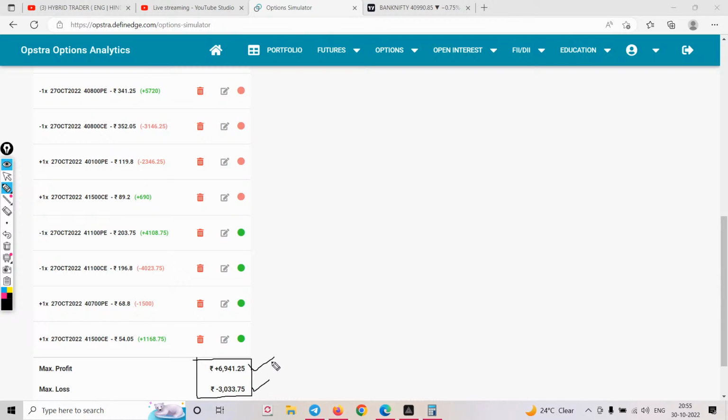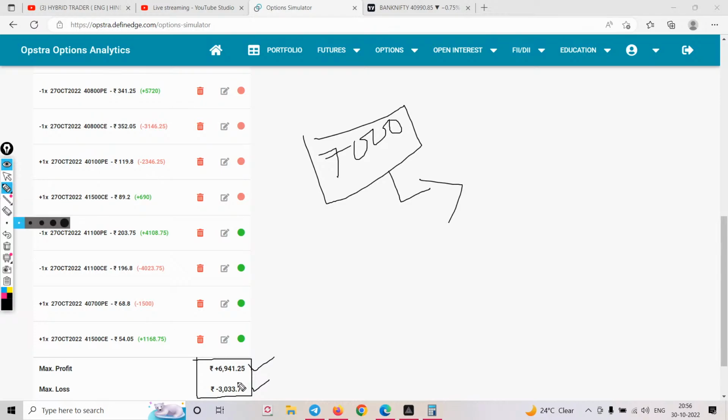When I deployed my original Iron Fly, my loss was somewhere around 7,000, without doing any adjustment. But still we were able to mitigate our loss to 3,000. Even in the worst case, I cannot have more than 3,000 loss. But let me see. Everyone said loss, someone said profit, cannot save in option.